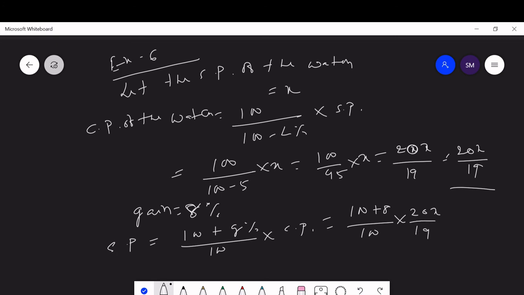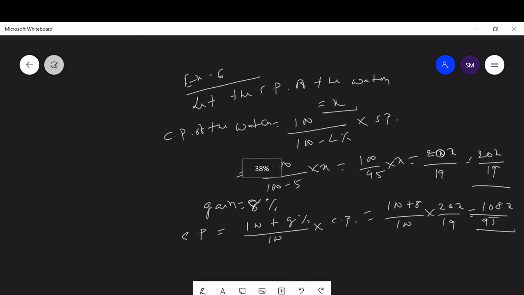By solving this, we get the SP is equal to 108x upon 95. But according to the question, the difference is 104 rupees. He has sold it at X, but if he sold it at this price, then he would gain 8%. This is the 104 rupees difference.